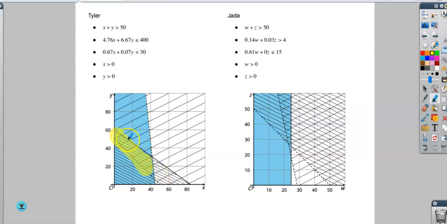If it was on the solid line, that is also part of the solution, but anything on a dotted line is not. Here, Jada graphed all the inequalities, shaded and everything. Where the blue is, where the diagonal's going down, the diagonal's going up, they all intersect here, right? So that little wedge is the solution area. Of course, it would continue going up into the graph.